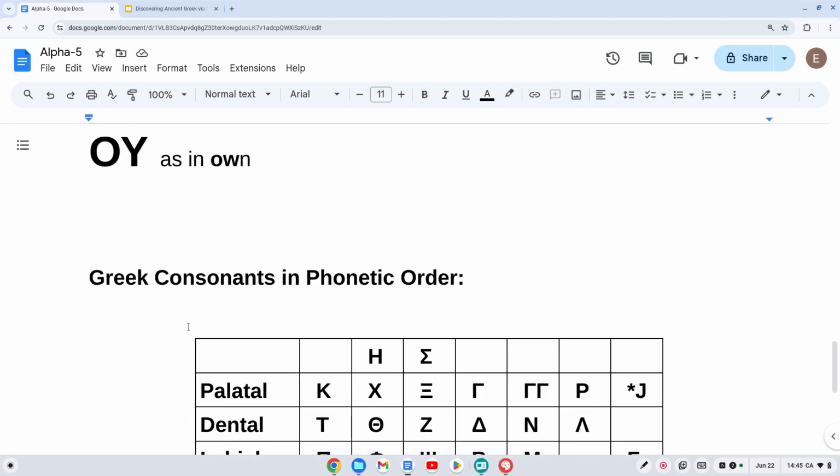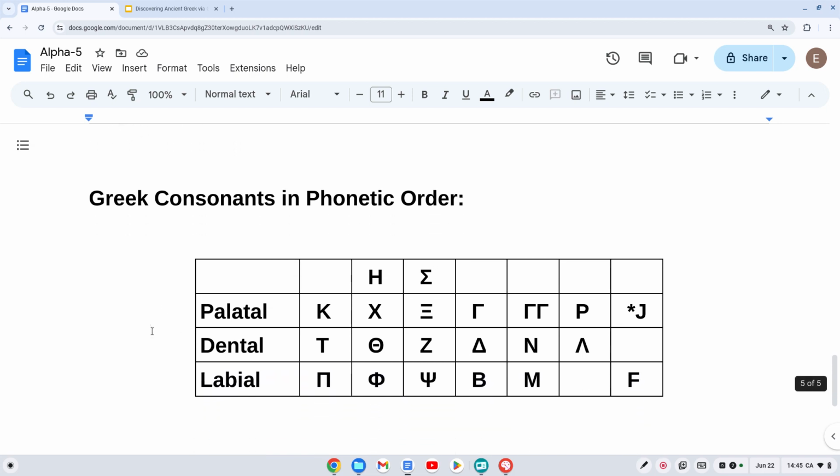Anyways, now I'm going to go over the consonants in a phonetic order. And this might help you remember how they're pronounced. Okay, palatal means your tongue sort of interacts with the upper part of your mouth, your palate.